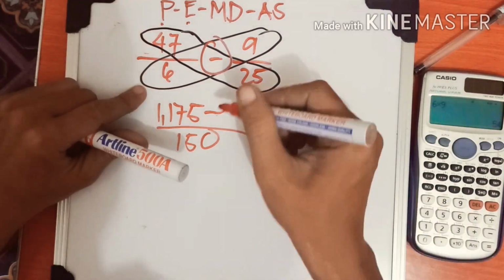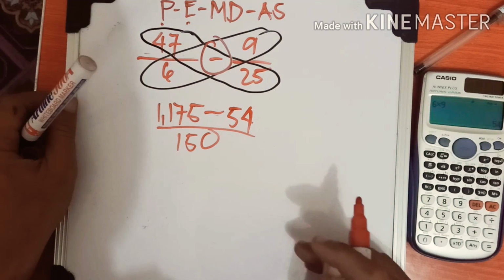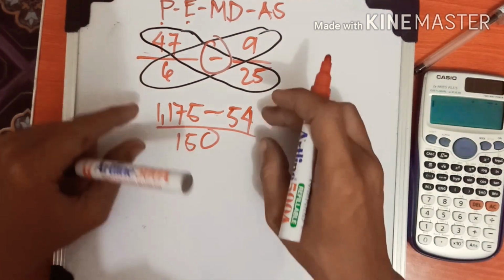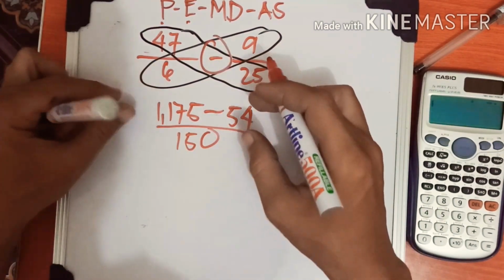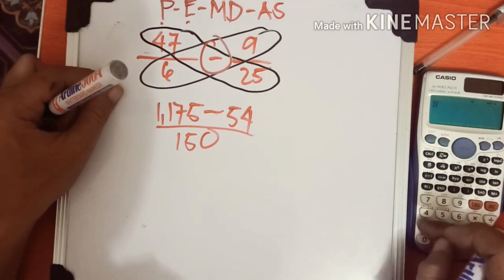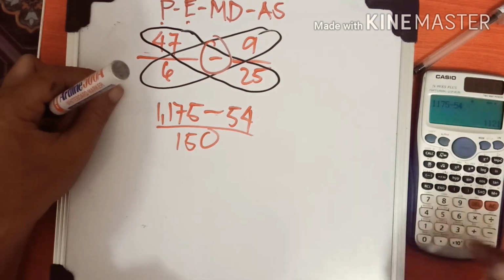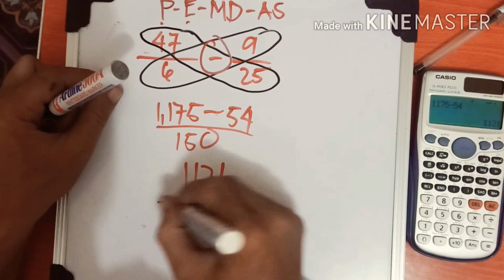Now 6 times 9, that is 54. And now we evaluate this: 1175 minus 54, that is 1121 over 150.